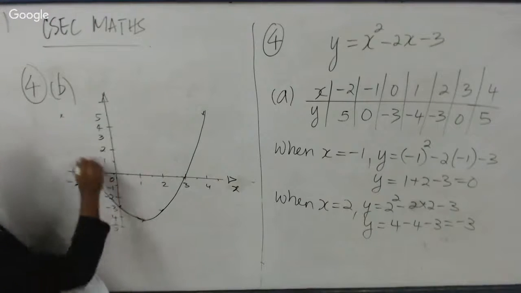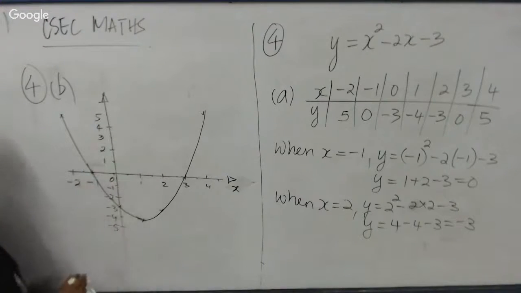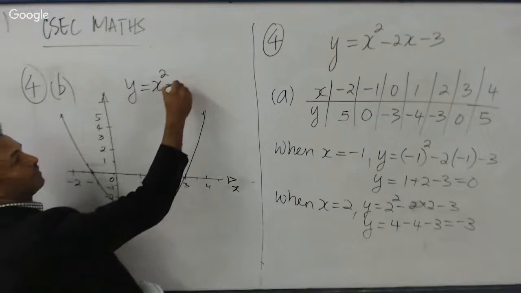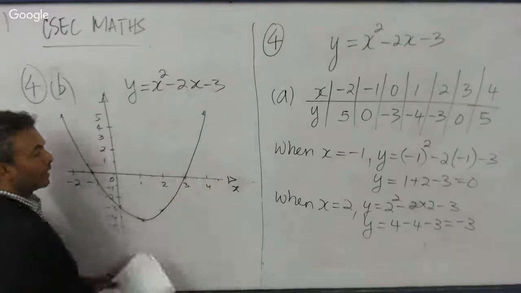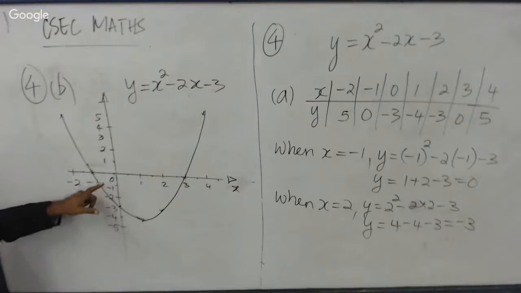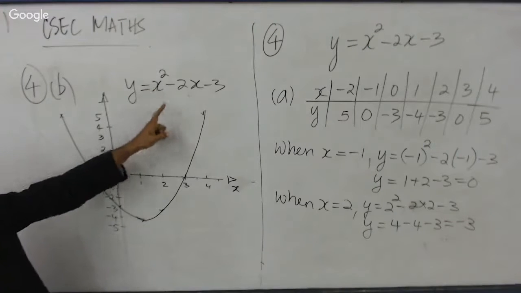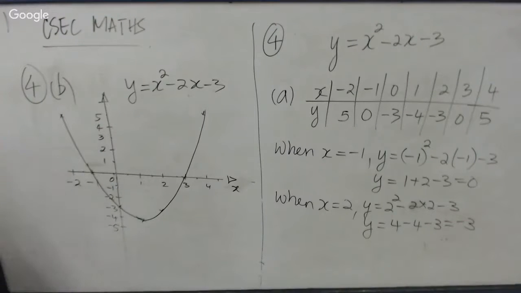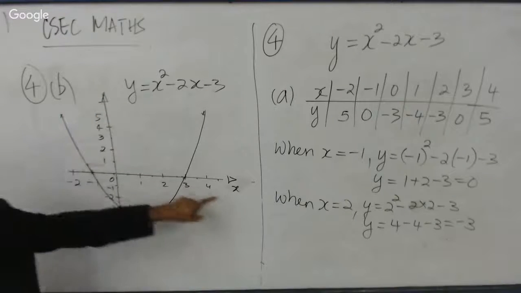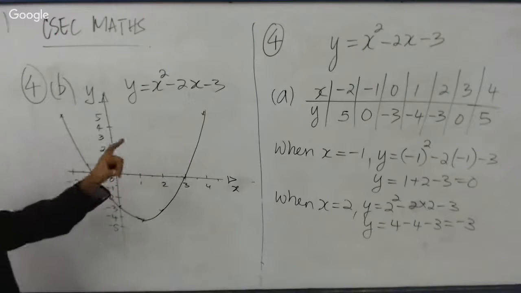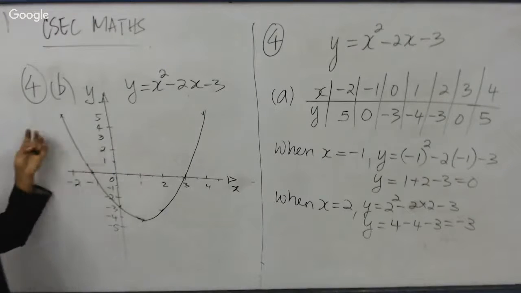And that's it. On the graph paper, y equals x squared minus 2x minus 3 is a quadratic graph where you have a minimum. When x squared is positive, you get a minimum. Label your axes, x-axis and y-axis, and write down the equation, y equals, or you could say f of x equals.